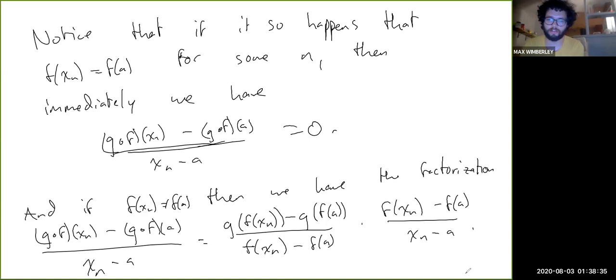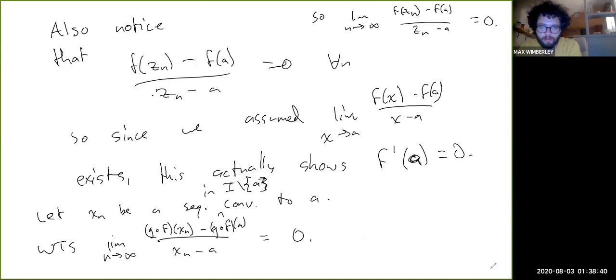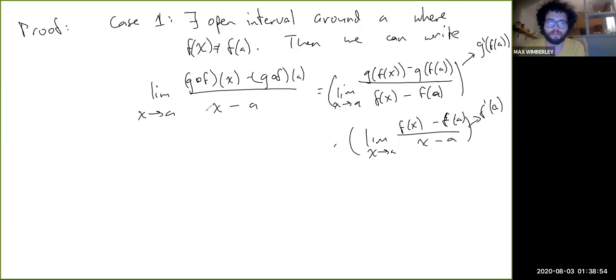The terms in the general sequence xn, which was just some random sequence in an interval for which the two-sided limit of f of x minus f of a over x minus a makes sense, and also where g's limit makes sense too.